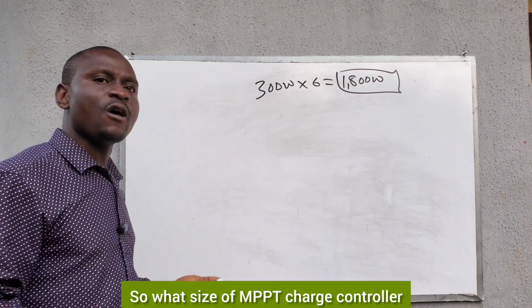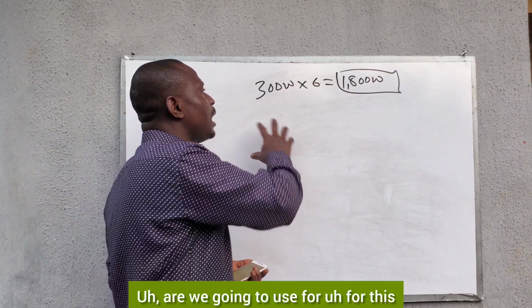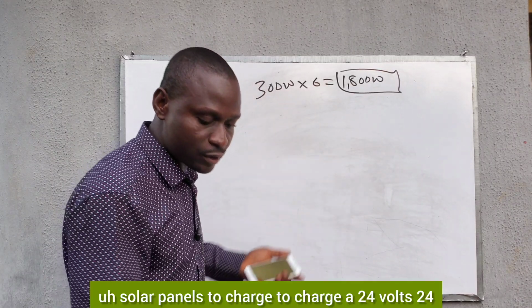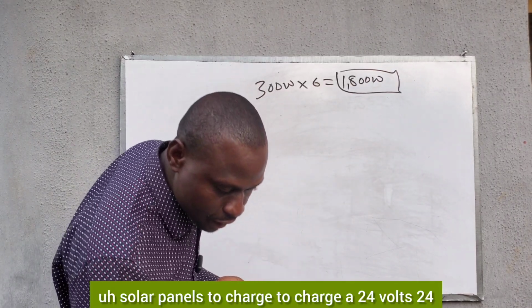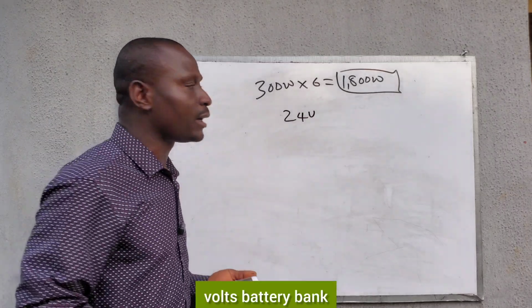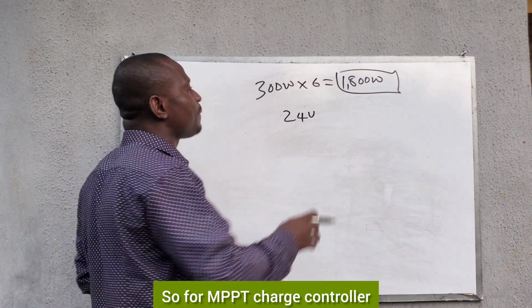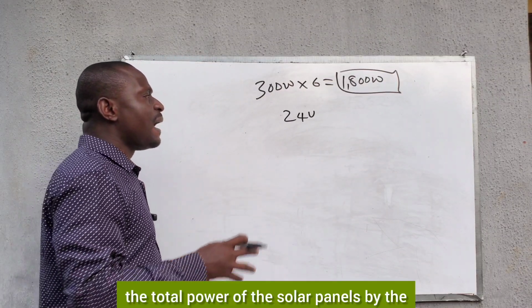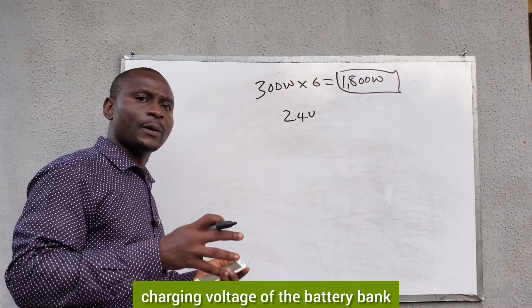So what size of MPPT charge controller are we going to use for these solar panels to charge a 24-volt battery bank? For an MPPT charge controller, we divide the total power of the solar panels by the charging voltage of the battery bank.